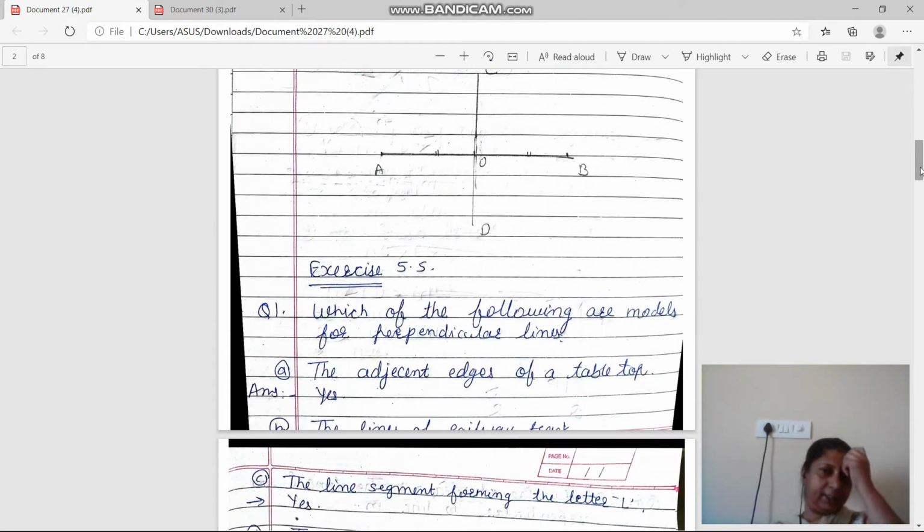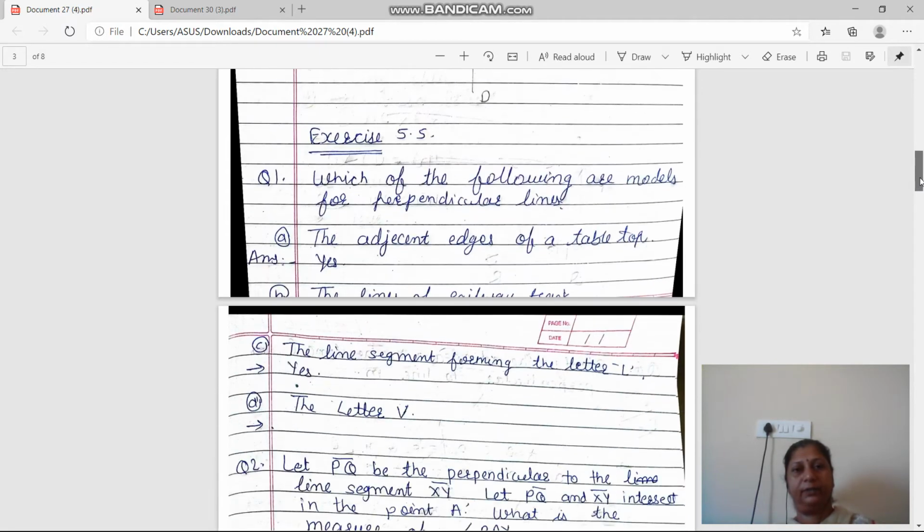Next we will see exercise 5.5. Which of the following are models for perpendicular lines? See, the adjacent edges of the tabletop. So yes, here is the tabletop, and by mere observation you can tell yes.